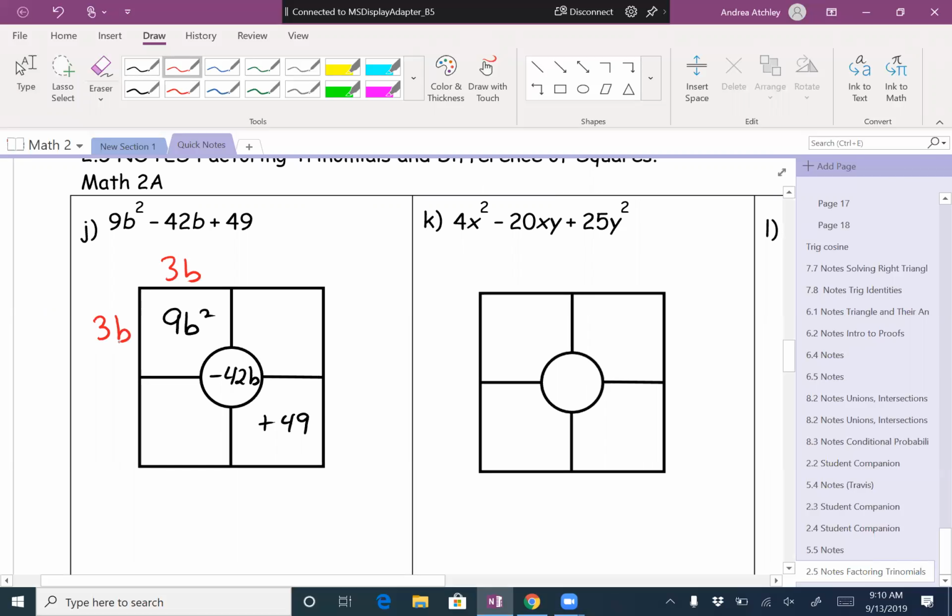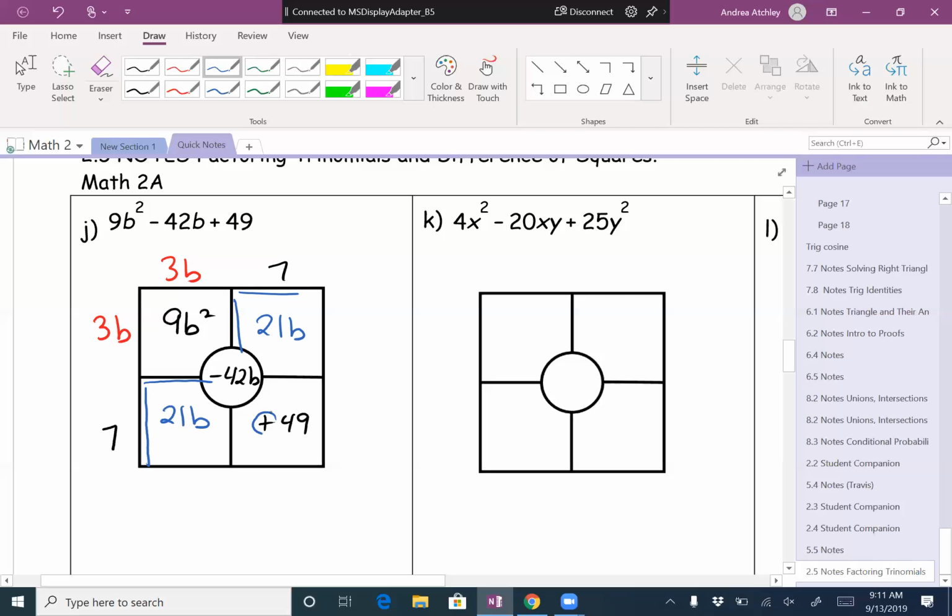And what multiplies to 49? 7 times 7. Then I multiply the 7 times the 3b and get 21b. And then the 3b times the 7, which gives me 21b.